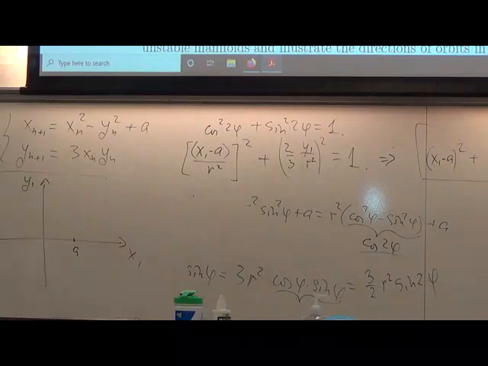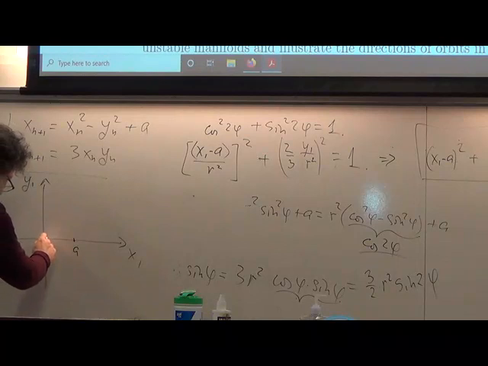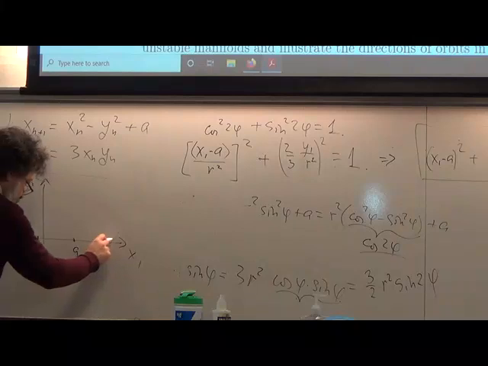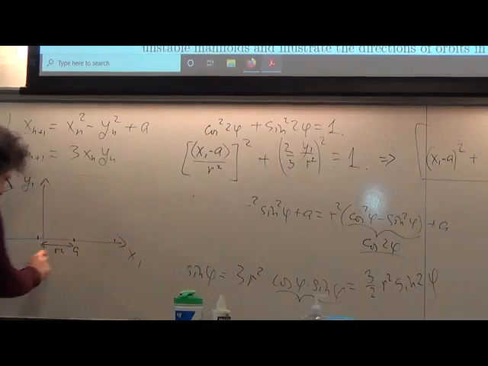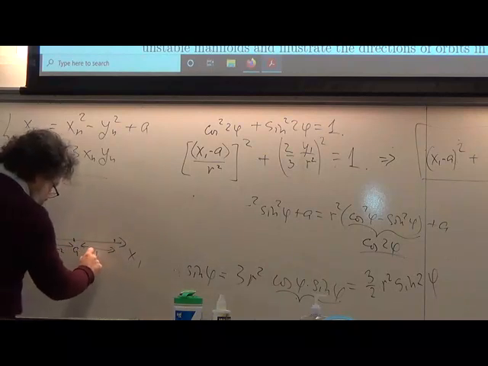If y equals 0, it will be r squared here and r squared here. So this distance is r squared and this distance is also r squared.